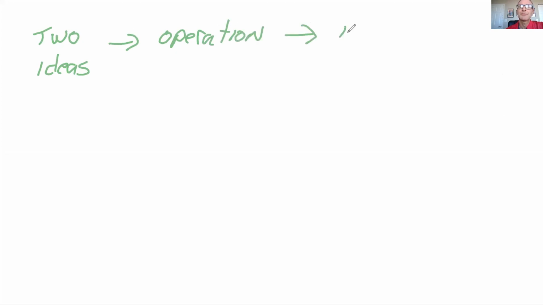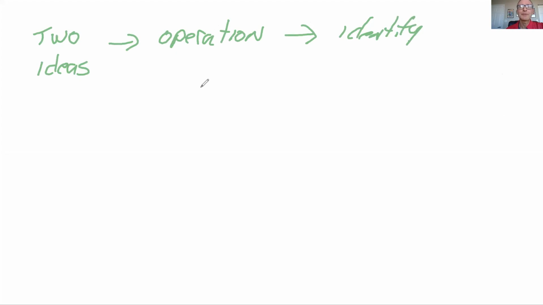And the two things that you need when you calculate an inverse are two ideas. Number one is the operation. And the second idea is you need an identity. And what do we mean by both of those? Well, let's go back to our old arithmetic days.